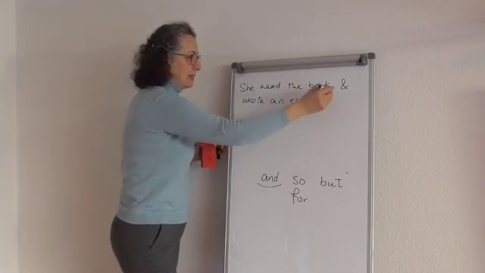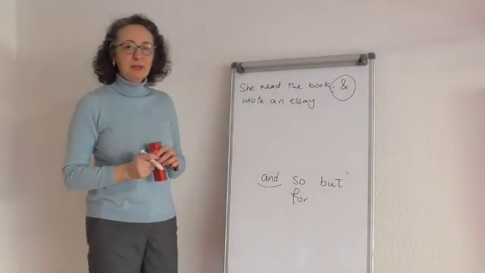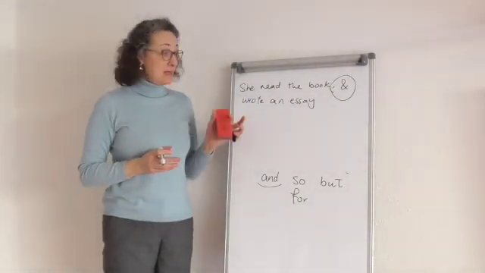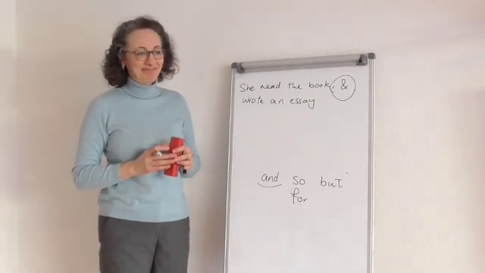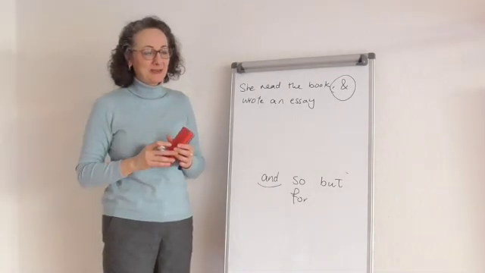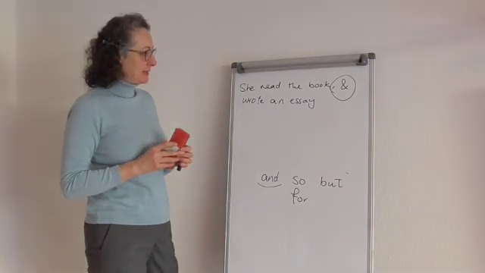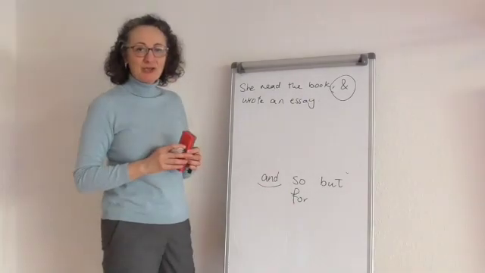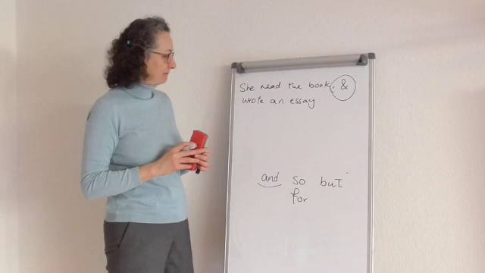Now if I don't want to use "and," I can use other words and make my sentence look extremely complex. The same thing, the same meaning, but it looks a little bit different. For example, let's take something like "in addition to." Looks quite big.